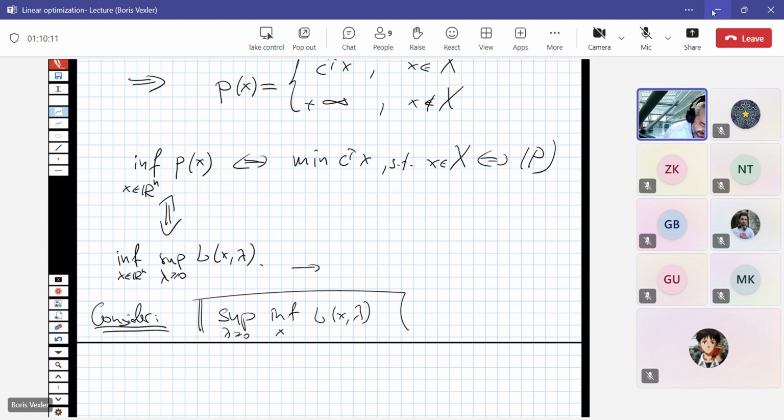The idea is: what happens if we interchange inf and sup? And now we will also prove the lemma.